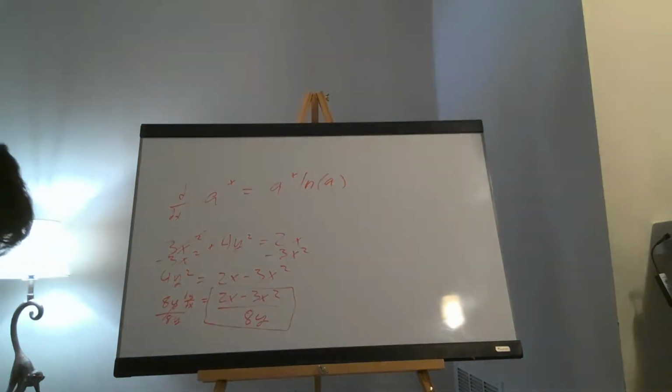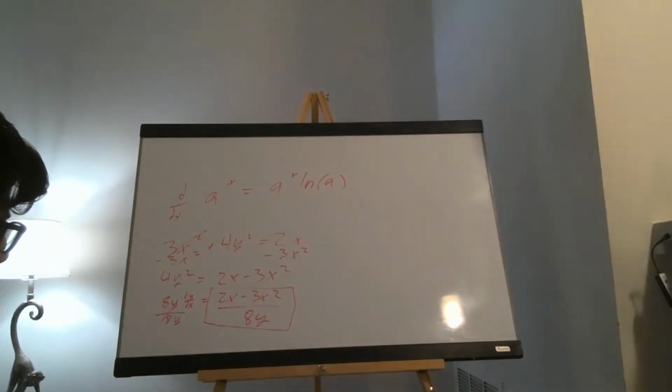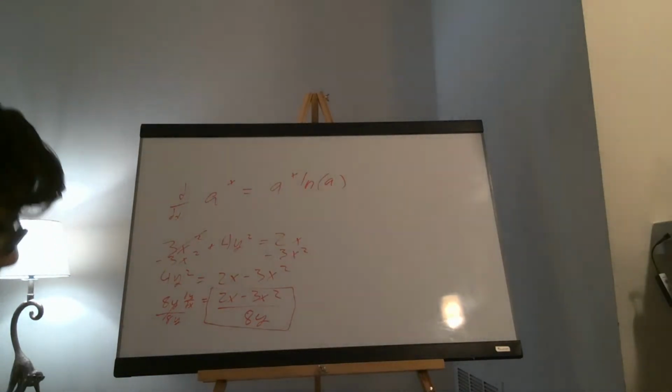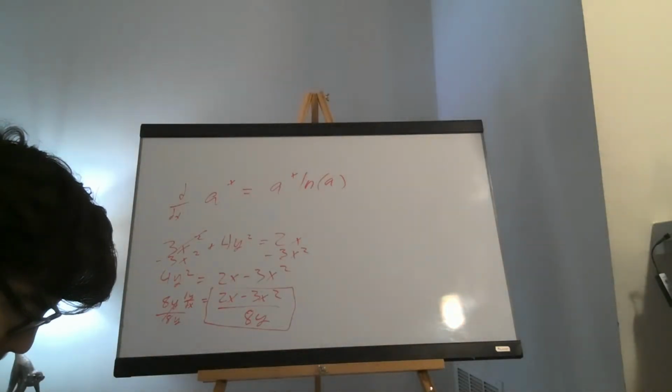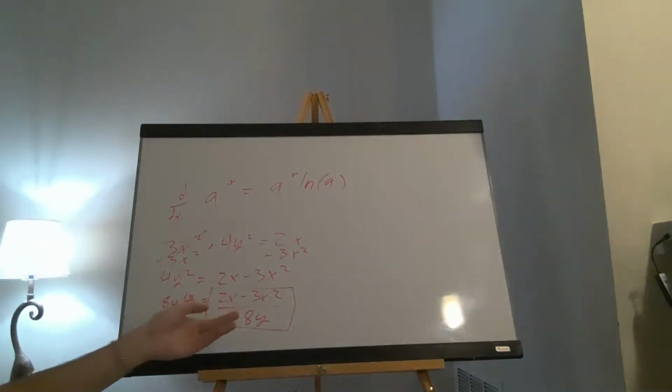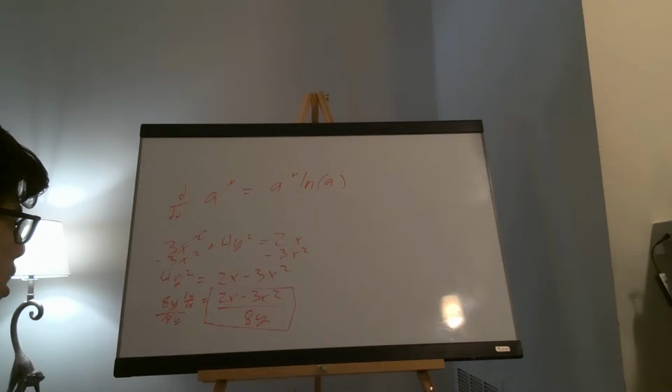And oh, look at that, it simplifies even further. Yeah, and you can simplify this by factoring out like x or something, but did I just skip a step here?